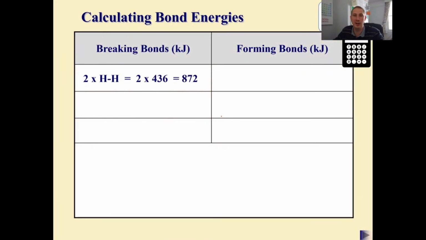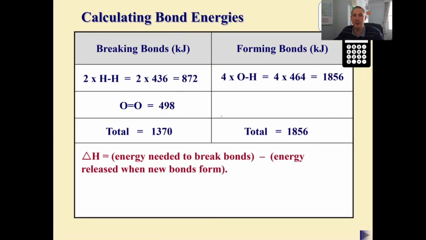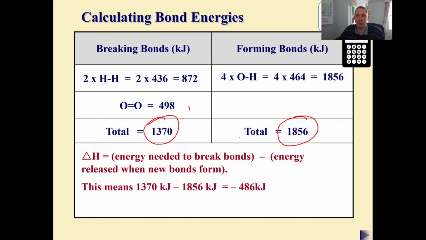Right, well, I'm very much hoping that you realise that the energy in was going to be 1370, energy released 1856, energy needed to break the bonds minus energy released forming new bonds, minus 486 kilojoules per mole. It should really be, because these are kilojoules per mole.